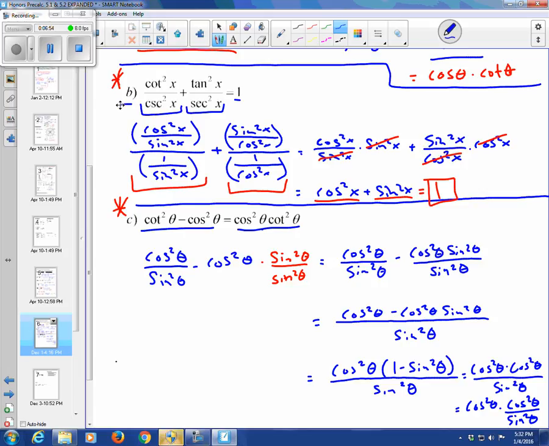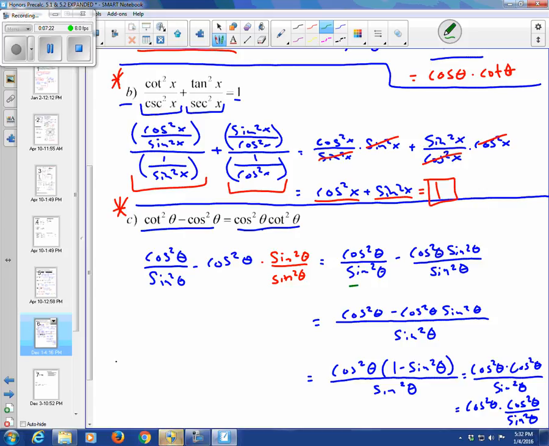So right here, these guys aren't related with a Pythagorean identity, so I'm going to change everything to sine and cosine and see what I get. Right here we've got cosine squared over sine squared for cotan squared, and minus cosine squared. And if we multiply by sine squared over sine squared, we're going to get common denominators. So that'll be cosine squared over sine squared minus cosine squared sine squared over sine squared.